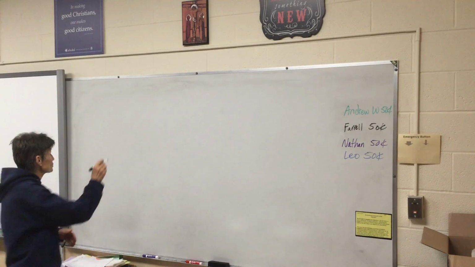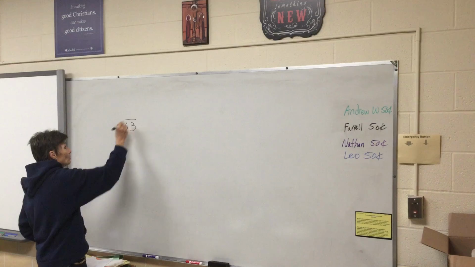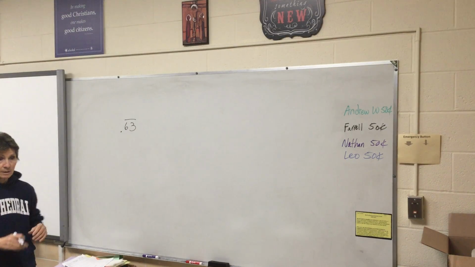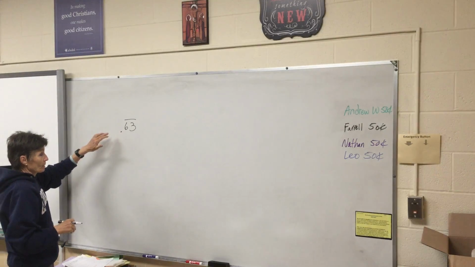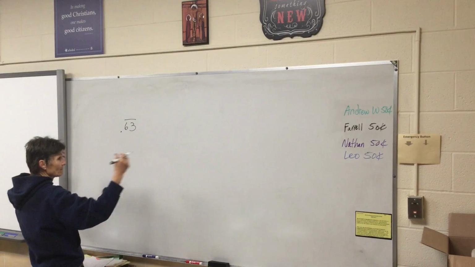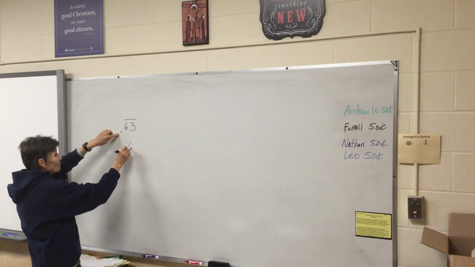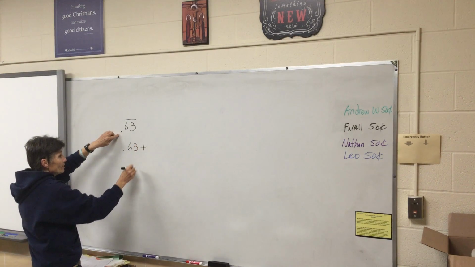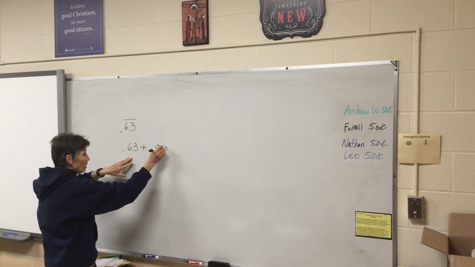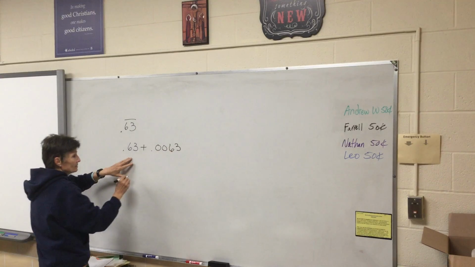All right, let's try the next one. We're going to do the same thing with this guy. Now, first thing, think about what this would look like if you expanded it. You'd have a 0.63. And then the next term would be 0.0063.